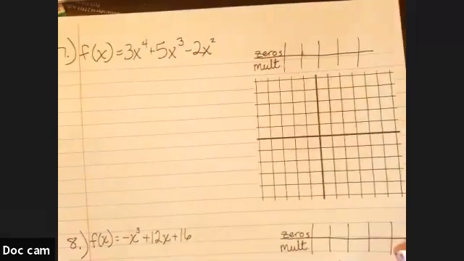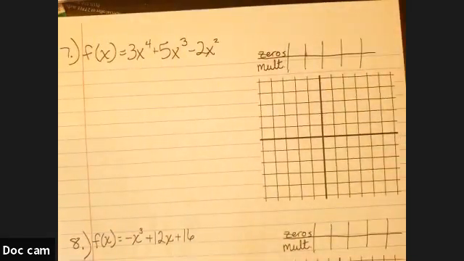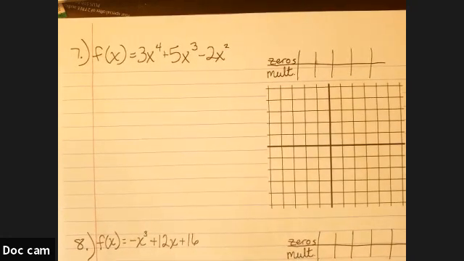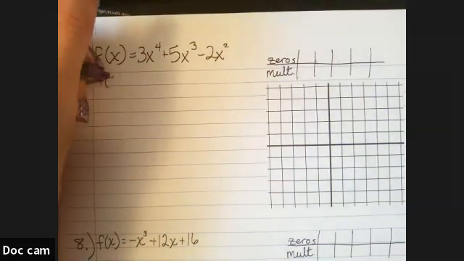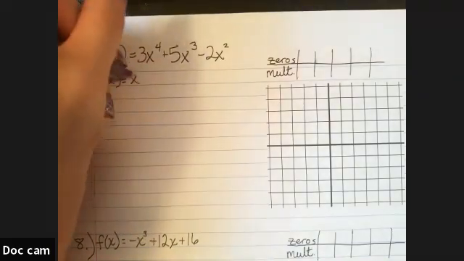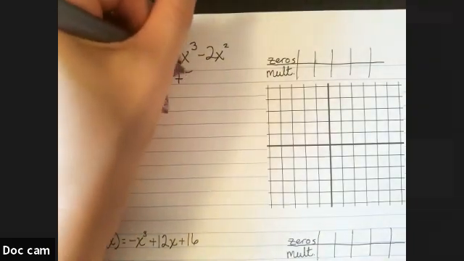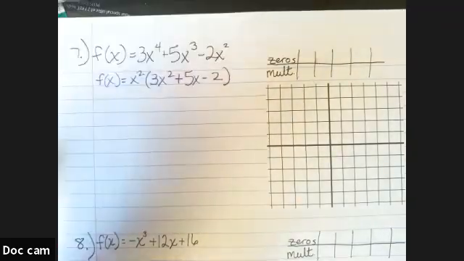All right, let's see here. So number 7. In this case, the first thing I'd want to do is factor out my greatest common factor, which is x squared. And then that would be 3x squared plus 5x minus 2.